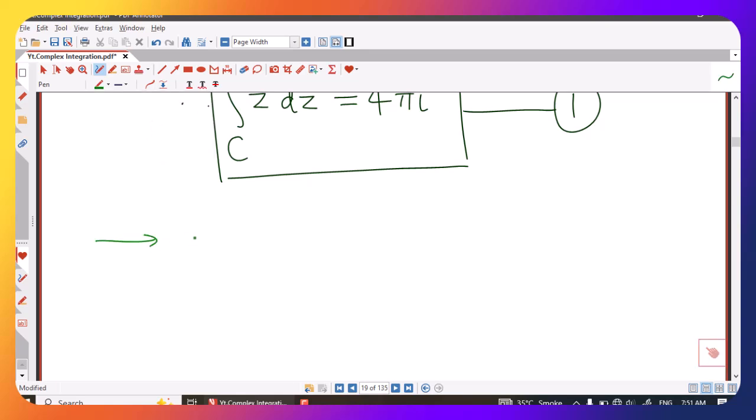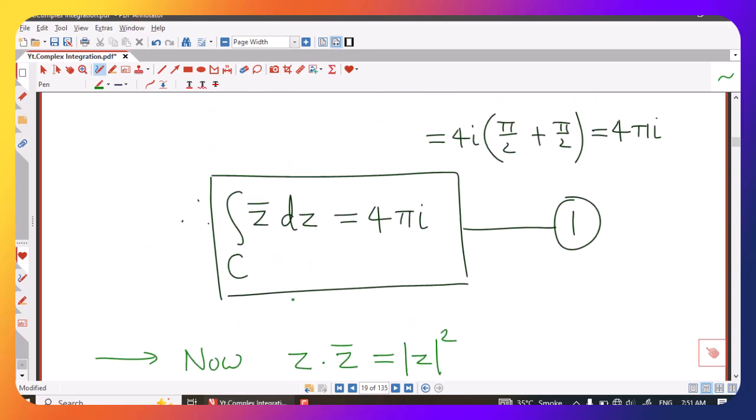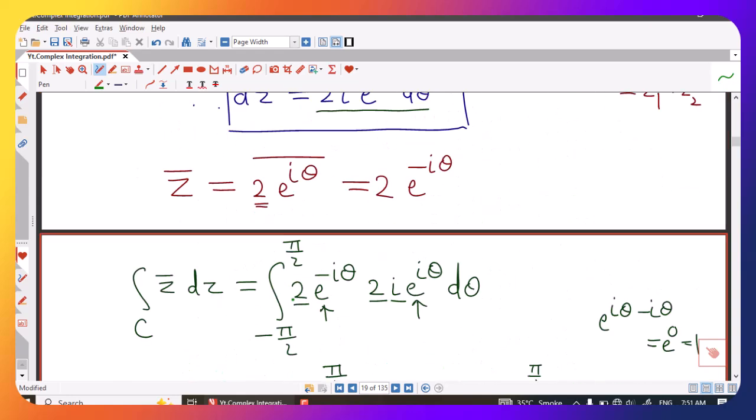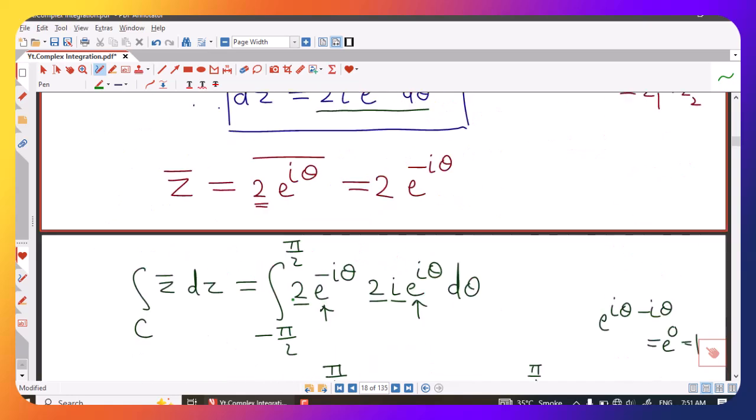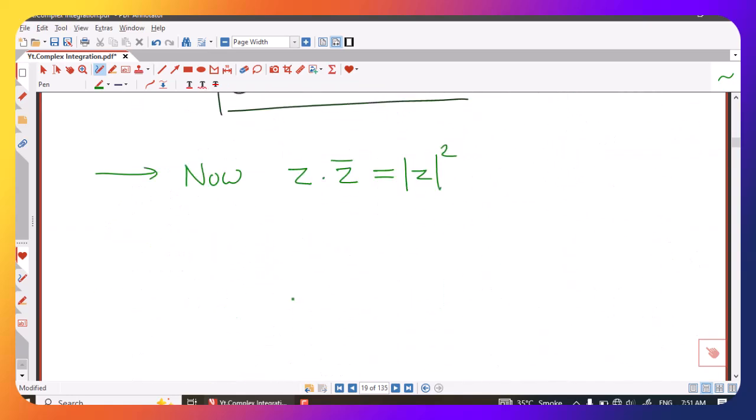Now we know that z into z bar is mod z square, and we want to find the integral of 1 by z with respect to z.